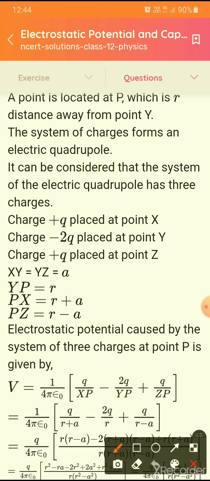Instead of YP, we are substituting the value of r, and instead of ZP, we are using the PZ value, r minus a.